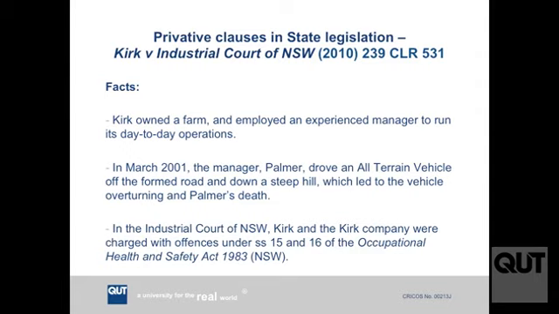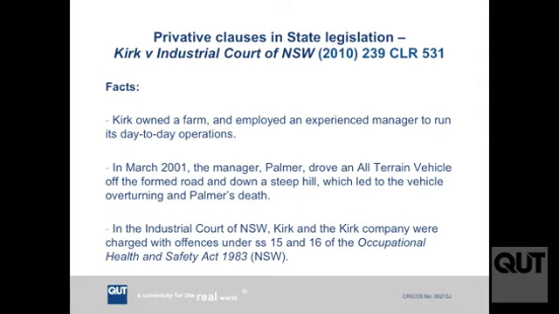The facts of this case are that Graham Kirk was a director of the Kirk Company and owned a farm in New South Wales. The company employed another Graham, a Graham Palmer, who was an experienced manager and who ran the day-to-day operations of the farm. In June 1998, the company purchased an all-terrain vehicle on the recommendation of Palmer.